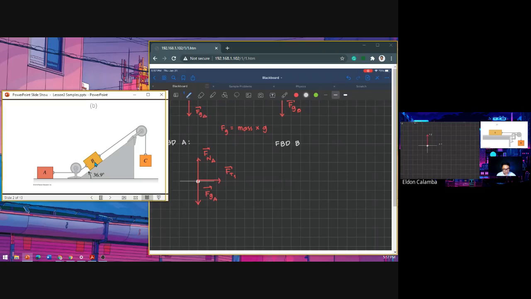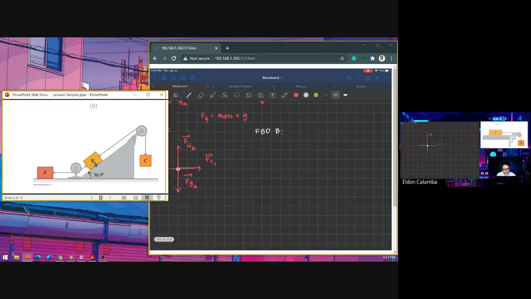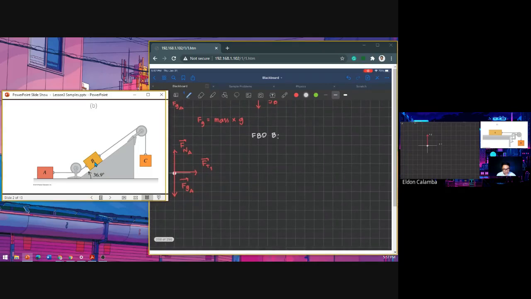FBD of B. Ayan. Paano ngayon ang free body diagram ni B? Always remember na nasa ramp siya. Okay, if nasa ramp nga yan, I suggest na i-rotate nyo na din kaagad ang X and Y plane nyo. Okay? So, rotate. Or if you want twist, sige, twist.